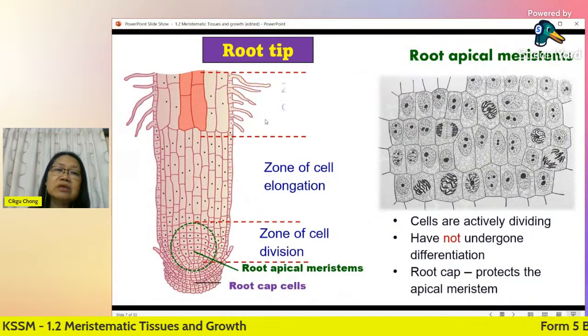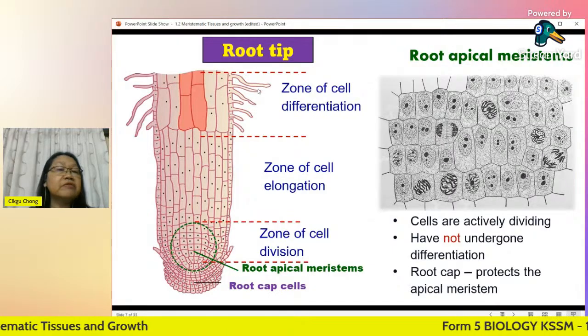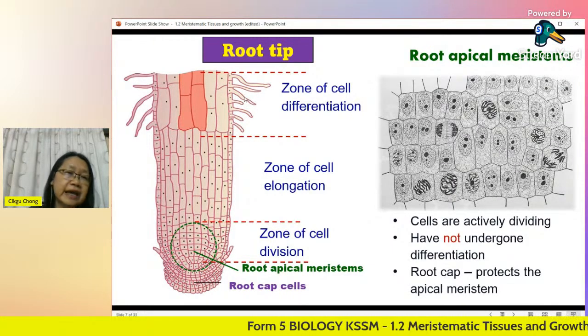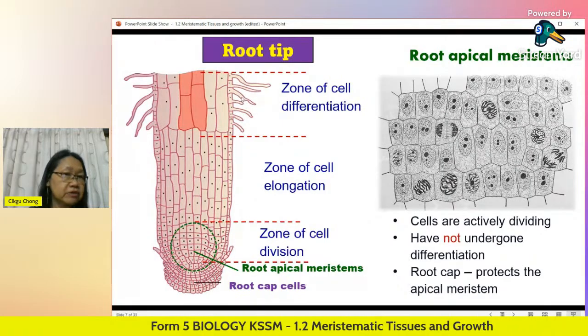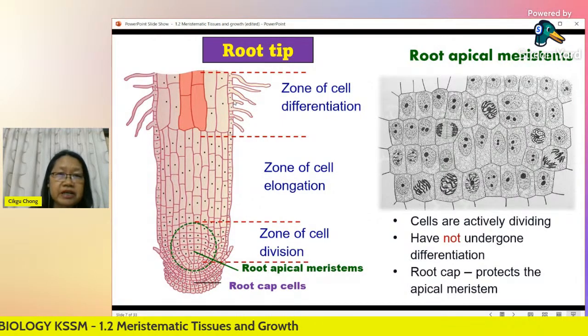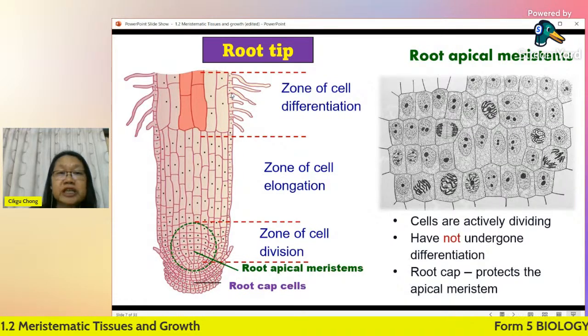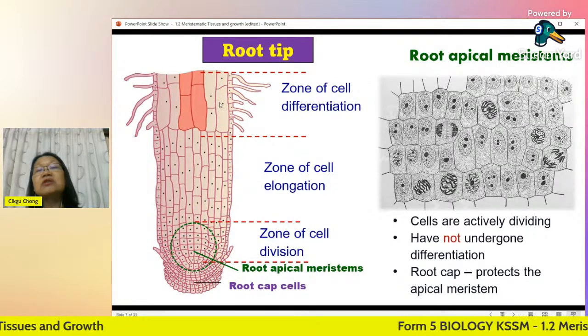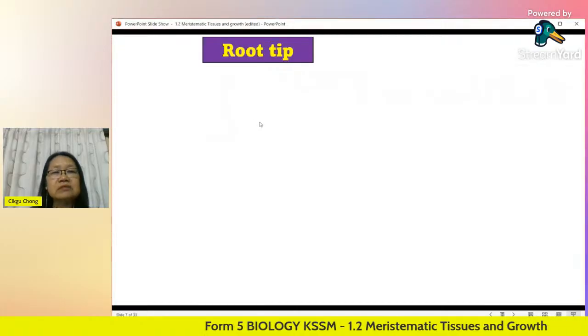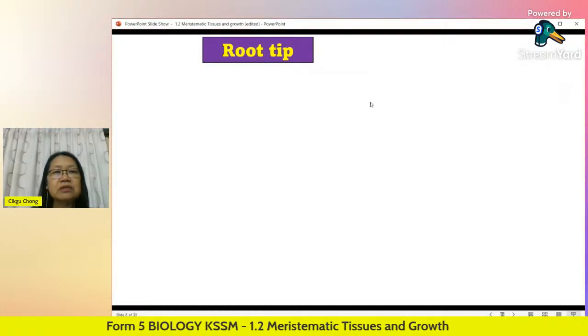So we will call this area the zone of cell differentiation. They have become xylem, phloem, and you can see root hair. Some of the cells, the epidermis here, have been modified to have projections, and that is the root hair cell. Now next part, I will show you about this.